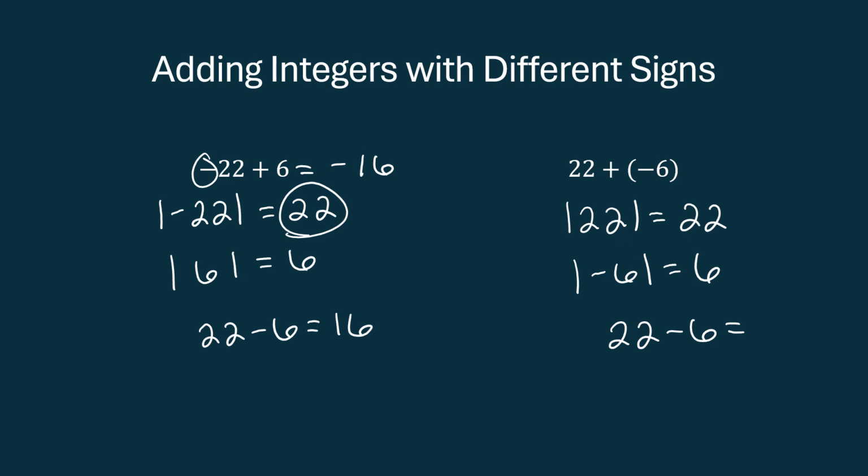We're always going to subtract in that order. And then that is still going to get us 16. And our larger of the two absolute values, still that 22, but in the original problem, the 22 was positive. So our resulting integer of 22 plus negative 6 is going to be positive 16.